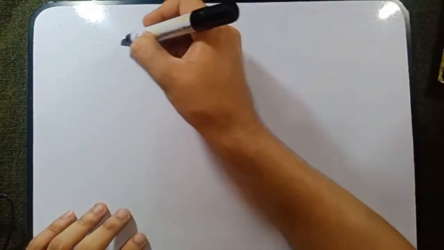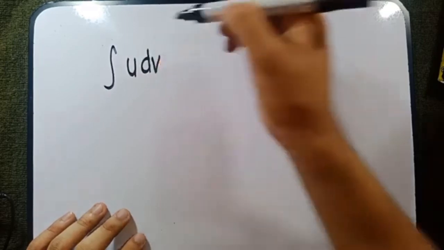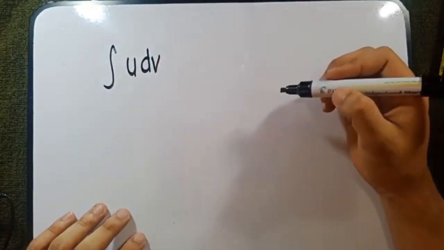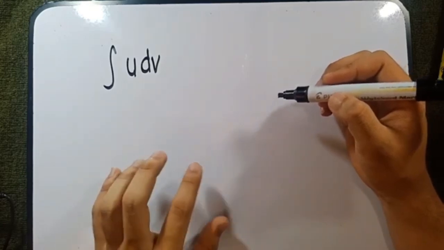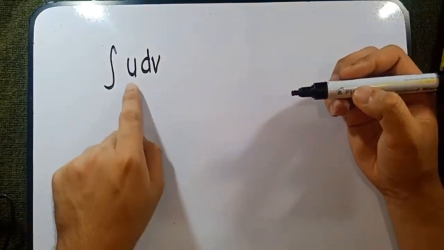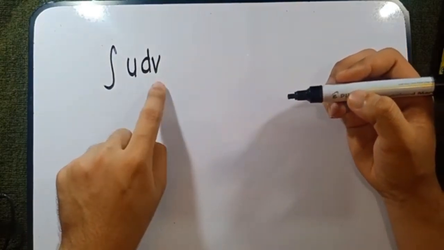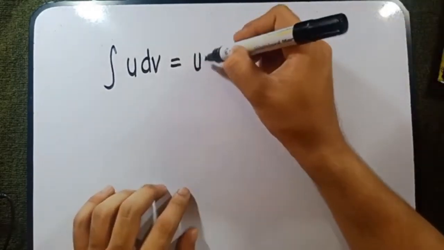And the rule in integration by parts is if we have an integration of u dv, so two parts. Meaning, we will partition that integral. We have u and we have dv. So the rule is u multiplied by v.